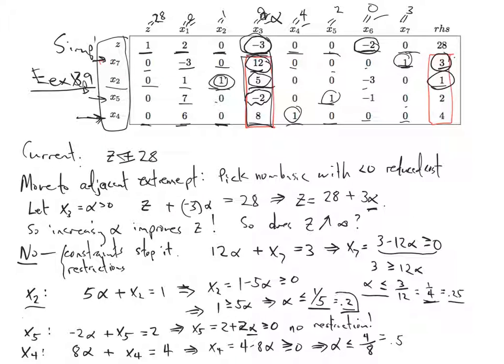So the 0.2 is still the winner, the smallest. All we're really doing here, when all the algebra has been figured out, is taking 3/12 versus 1/5, skipping this one because it's negative, and 4/8.